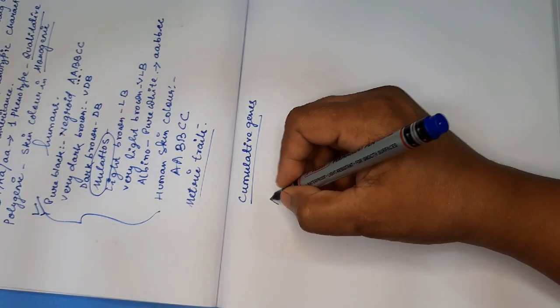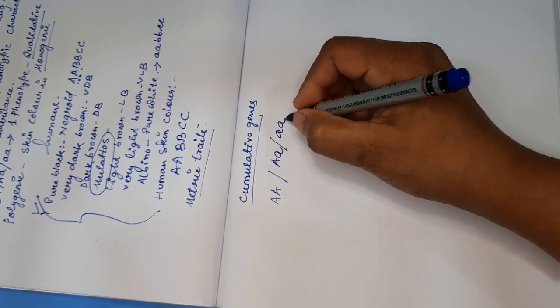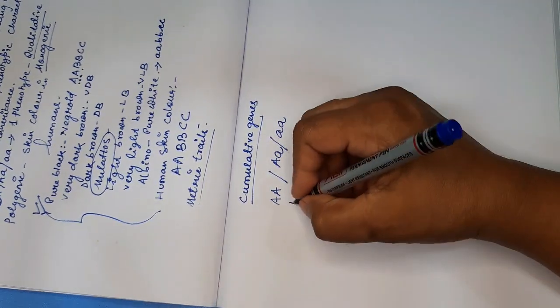or polygenes. So here you will find that human skin color is believed to be controlled by at least a set of 3 separately inherited genes, which are located on different chromosomes. So this capital A or capital A, small a, is present on one chromosome.